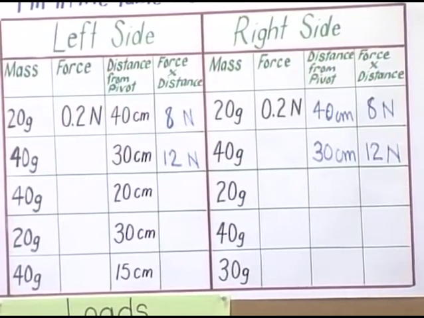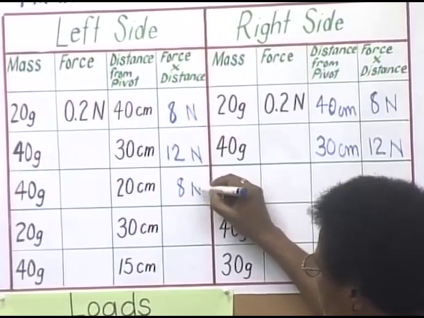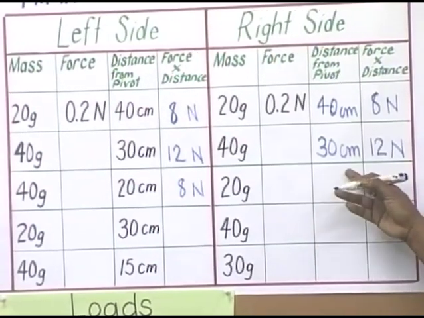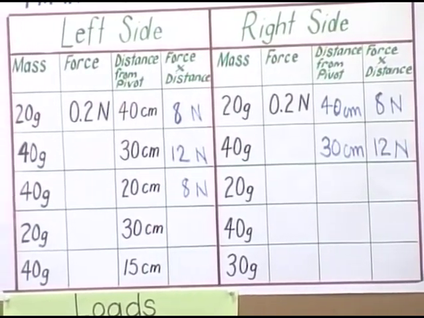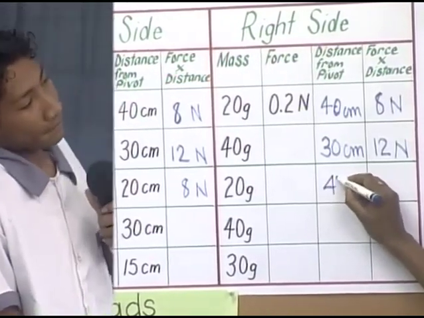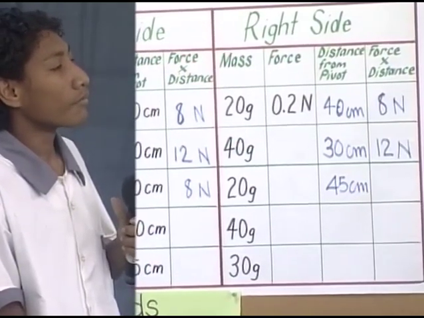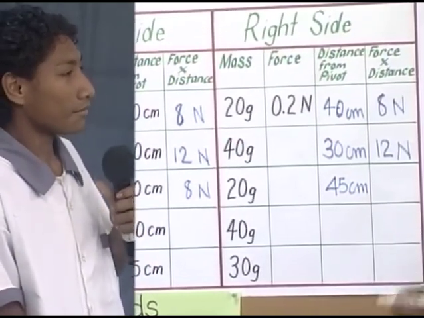Now let's see your third one. 8. 8 newtons. Your distance? 45. 45 cm. What did you get there? 9.